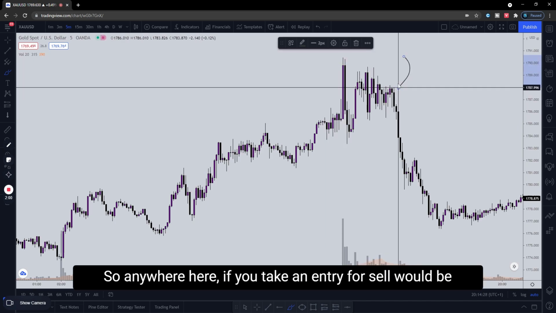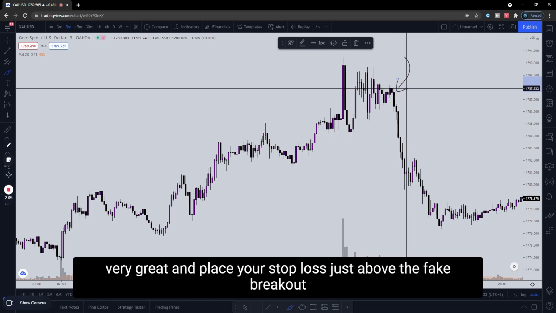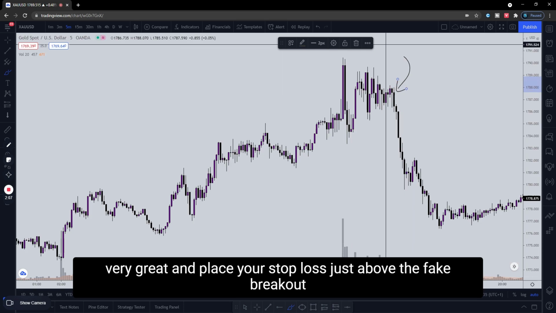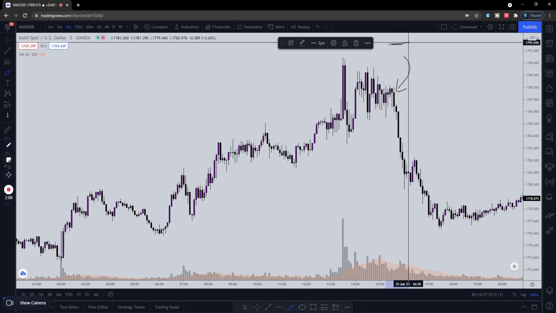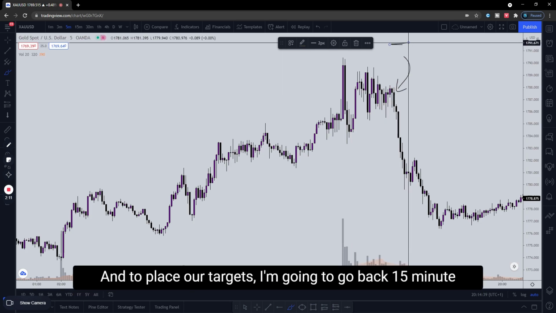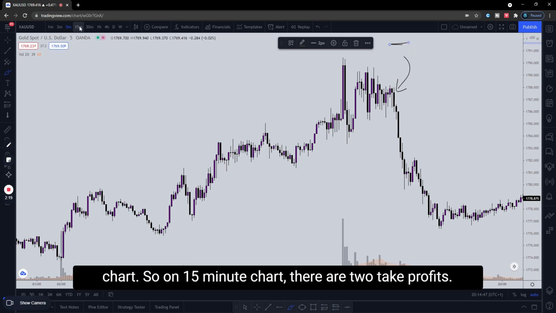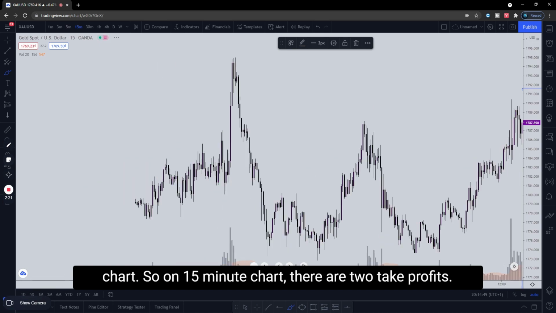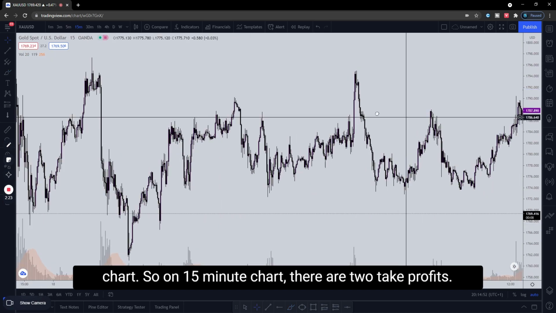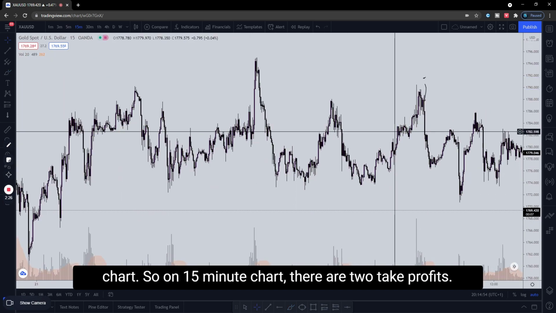So anywhere here, if you take an entry for a sell, would be very great, and placing your stop loss just above the fake breakout would be enough. And to place our targets, I'm going to go back to the 15-minute chart. So on the 15-minute chart, there are two take profits.